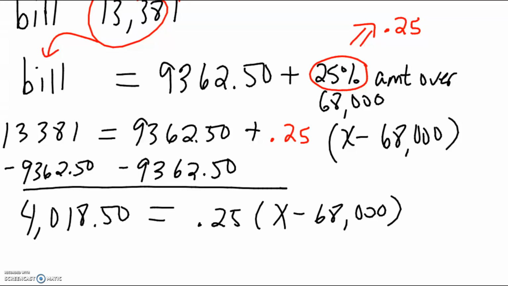division. So we want to divide both sides by 25% or 0.25.